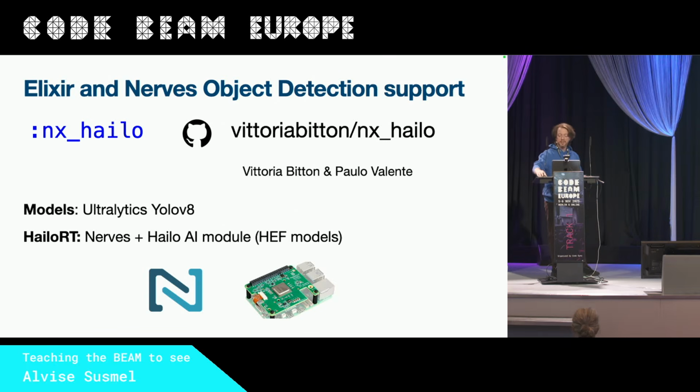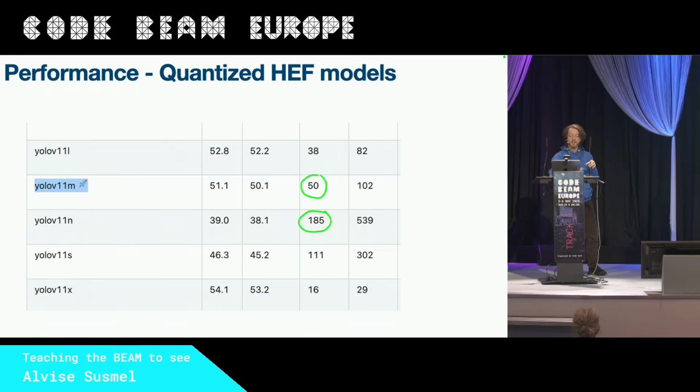The models are different. You see these HEF models, meaning there is this Hailo format. It's a bit of a pain to convert ONNX or any kind of model to this format, because the models need to be quantized.